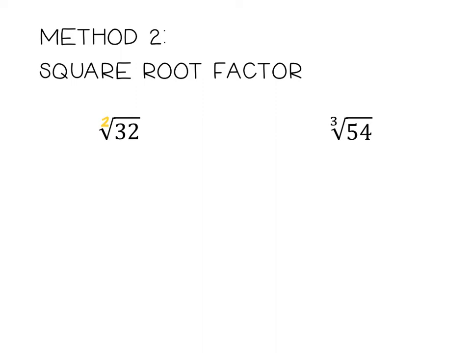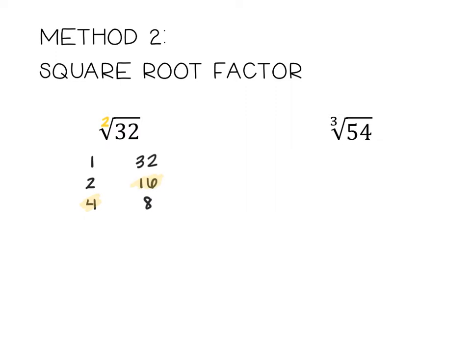So my factors of 32 are 1 and 32, 2 and 16, 4 and 8. Now, I've got 2 factors that are perfect squares here, 4 and 16.